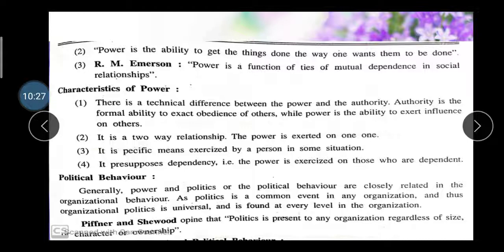There are mainly three levels working in the organization: top, middle and bottom, and at each level you can find political behavior. Various authors have done research and published papers about political behavior in organizations. Politics is present in the organization regardless of size, characteristics and ownership.